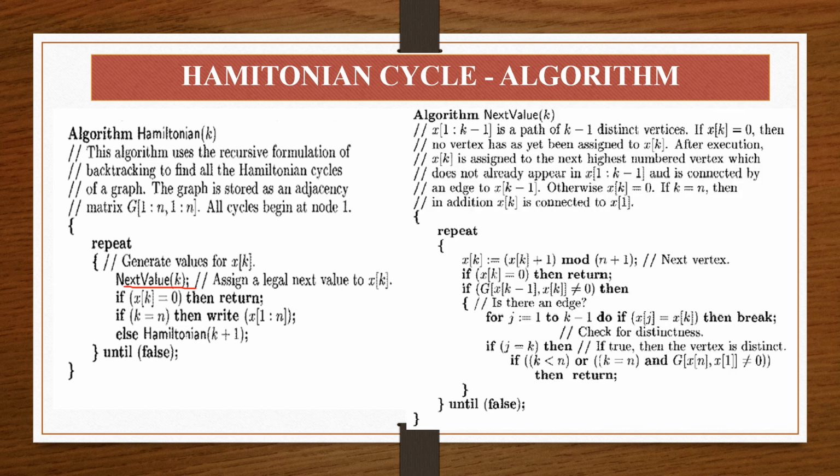In that, we will be checking whether there is an edge and the vertices are distinct, meaning the vertices should not have been explored previously. If that is the case, it will return true. And if it returns true, then the vertex will be included in the solution set. If it returns false, the vertex will not be included in the solution set.